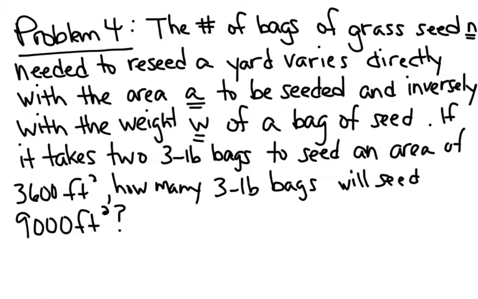All right, first of all, they told me that it's direct variation with A. So the number of bags N is directly varied with A, but it's inversely varied with W. That means A is being multiplied with the constant, and W is being divided into the constant.